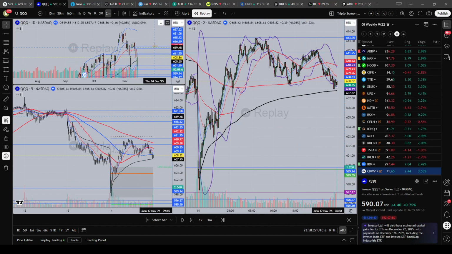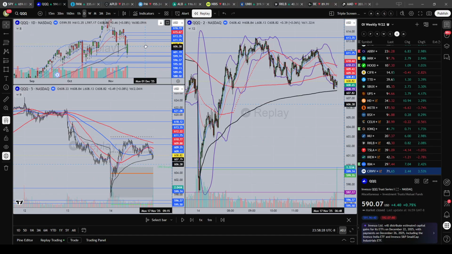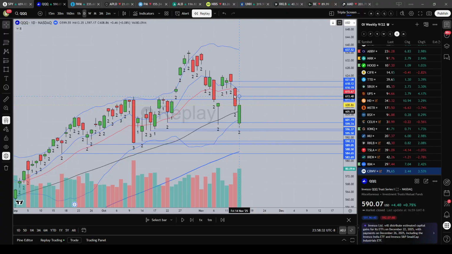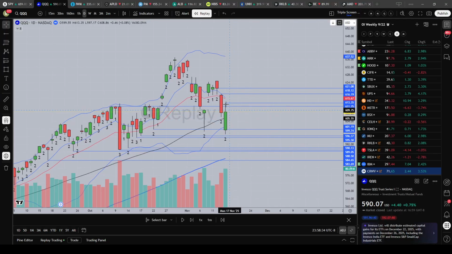Okay, so with SPY, I'm just marking out these key levels here. This is the daily chart, with QQQ starting on the week. You can see all these levels marked out. They're basically lower pivots around previous areas that have been triggered before.